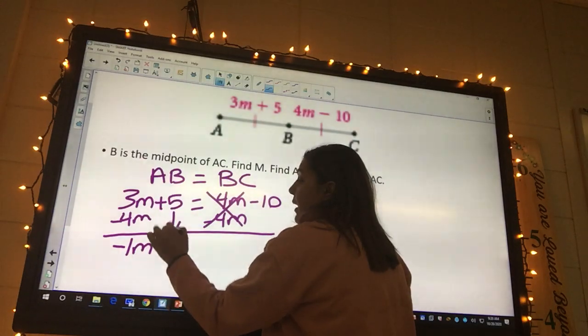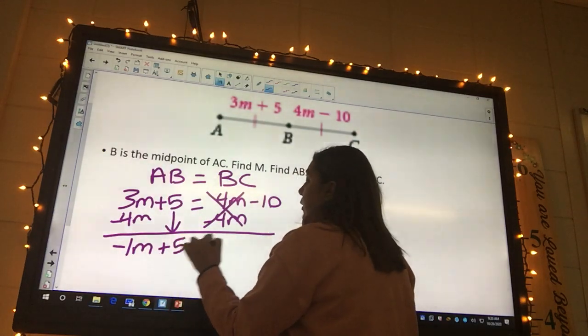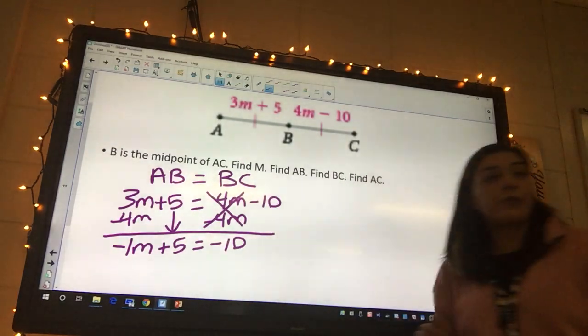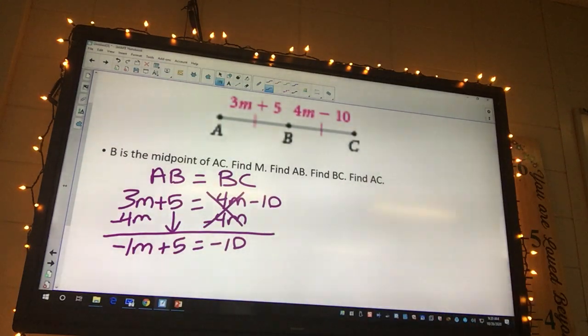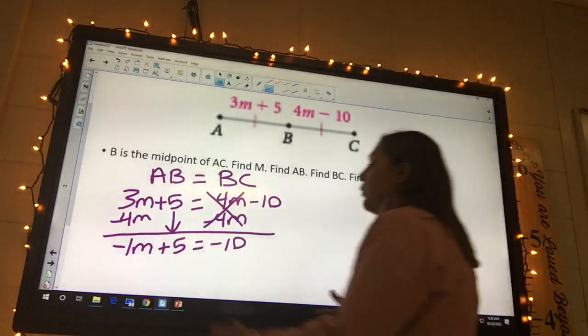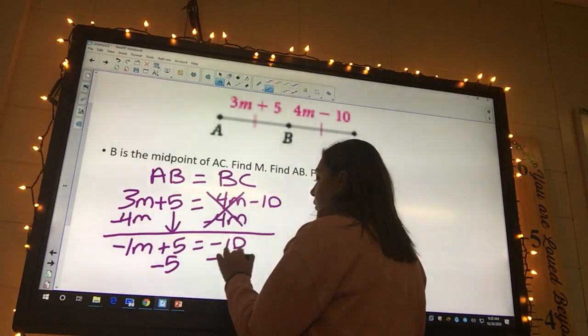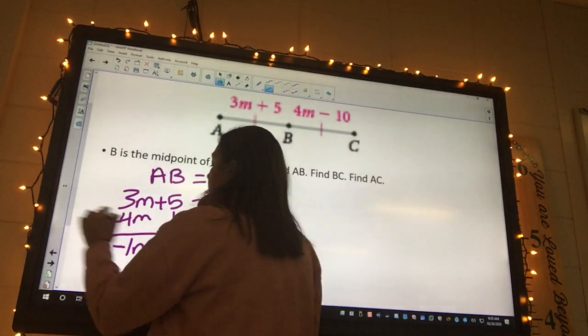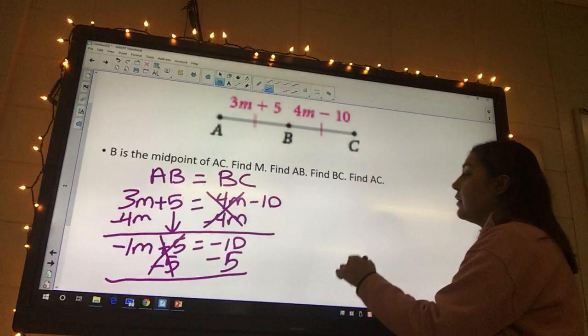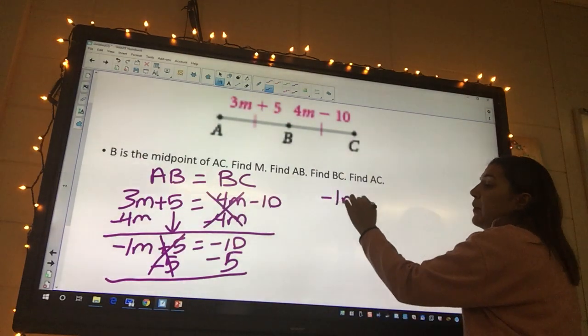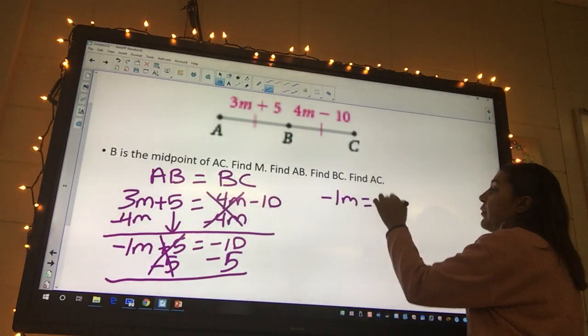I can drop this 5 down, so plus 5 equals negative 10. Where do numbers go? To the right. So right now I got minus 1m plus 5 equals negative 10. We have to minus 5 from both sides. Okay, and I got negative 1m equals negative 15.